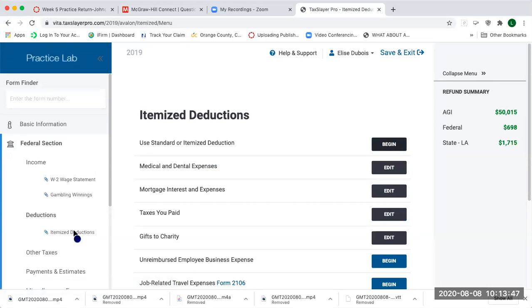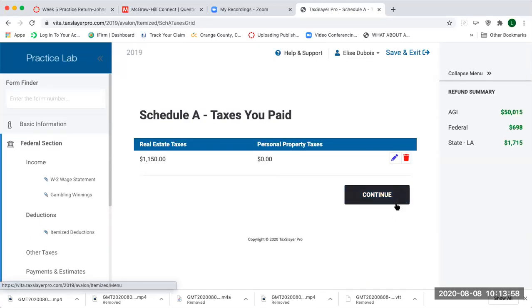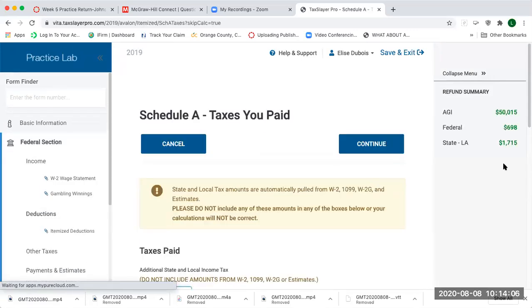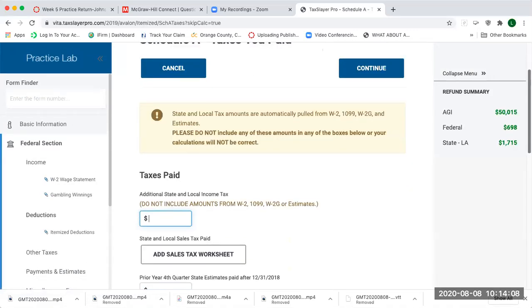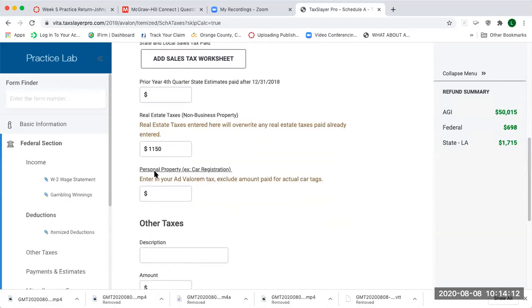All right, so the next one on the list is personal property taxes. So again, it's taxes you pay. So we'll go back to here. And then we're gonna click the pencil because we want to add information. So right here is the personal property taxes you pay.